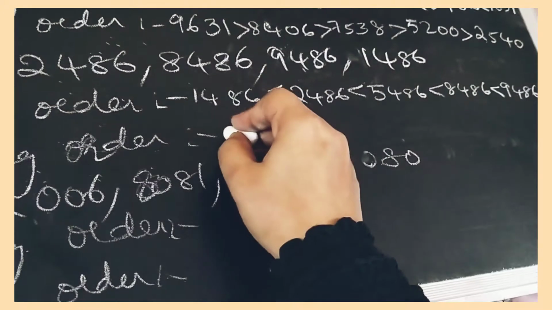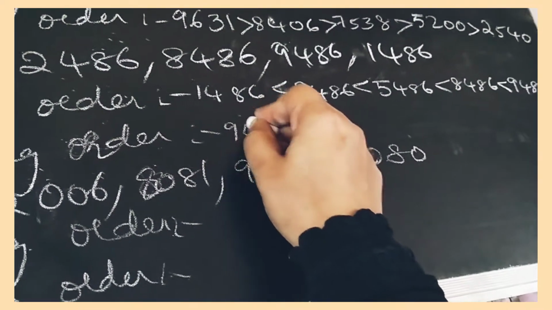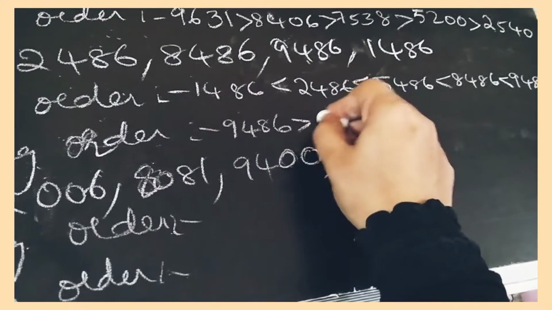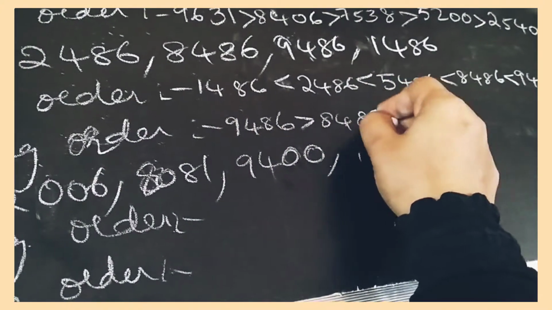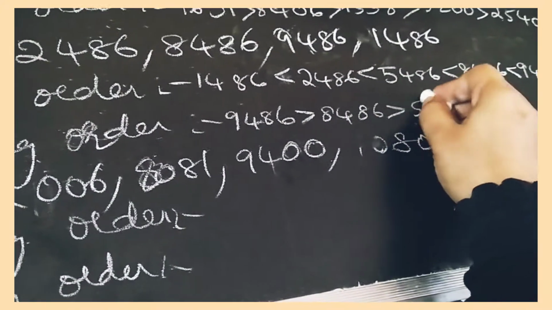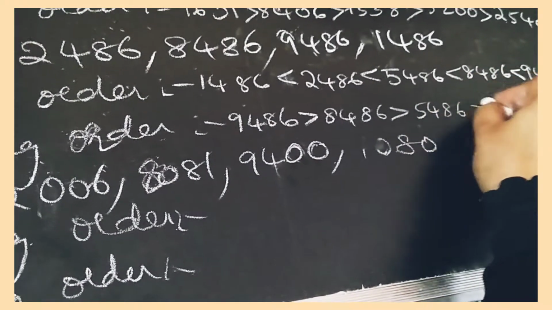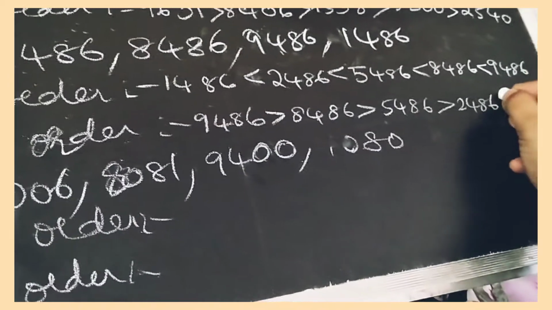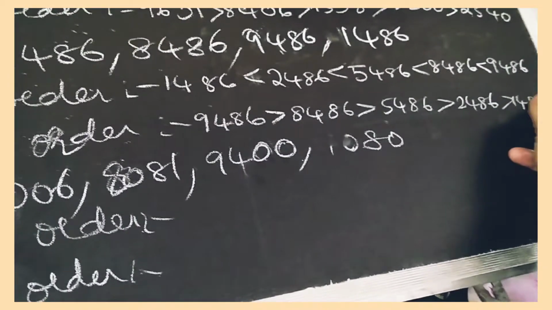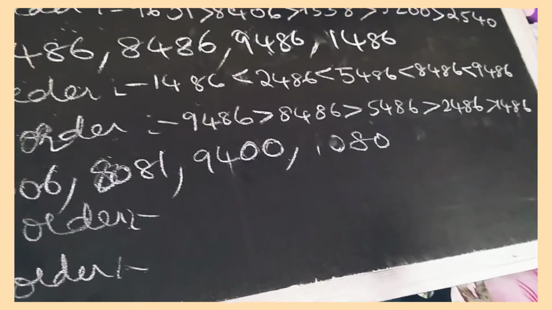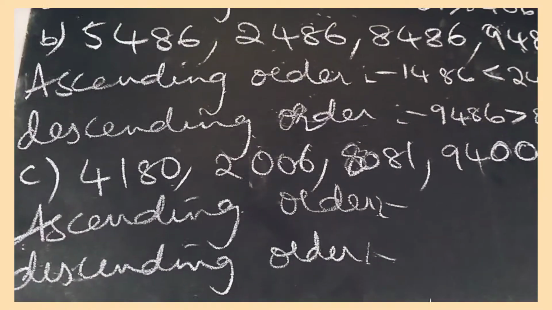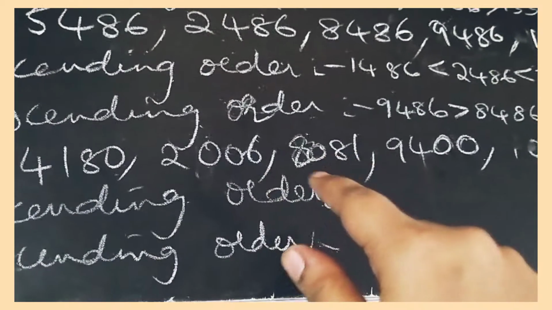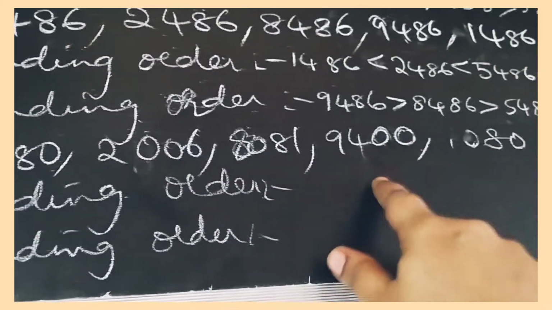First we take 9486, then 8486, then 5486, then 2486, then 1486.